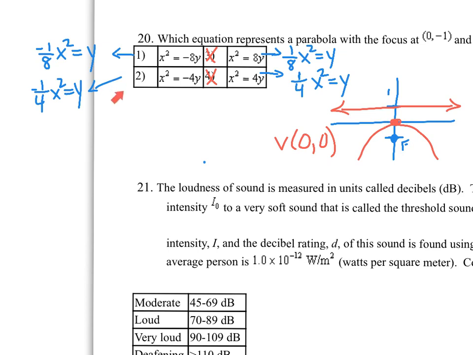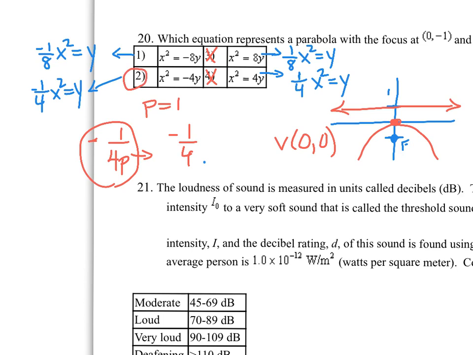So then we can safely assume that p is going to be equal to 1. Now remember, the formula is 1 over, in this case, -1 over 4p. So if our p is going to be 1, then this portion of our equation is going to be -1 over 4. And then that would match choice 2.